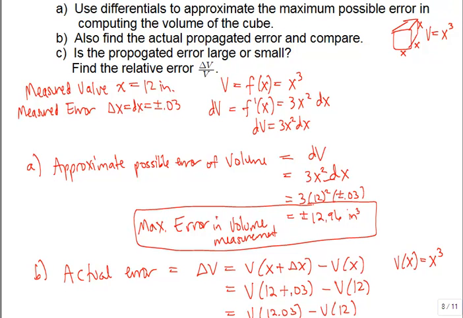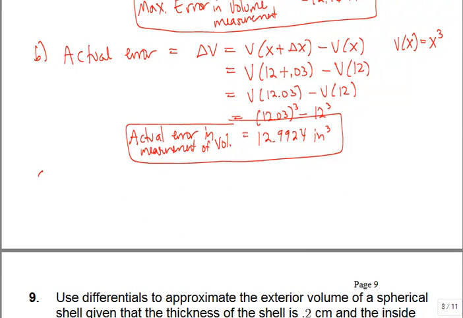So relative error for part C, by definition, is change in volume over volume. And usually we don't know what this change in volume is. So typically we approximate it by the dV over V because that's easier to compute.